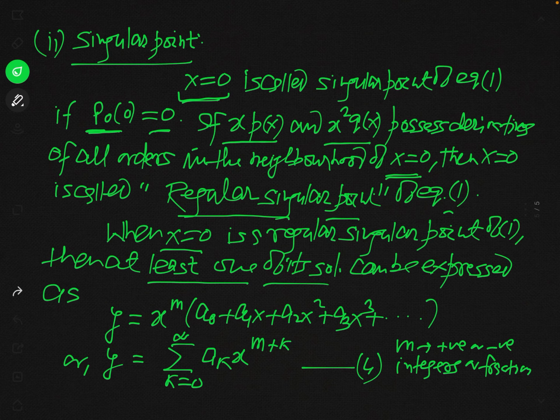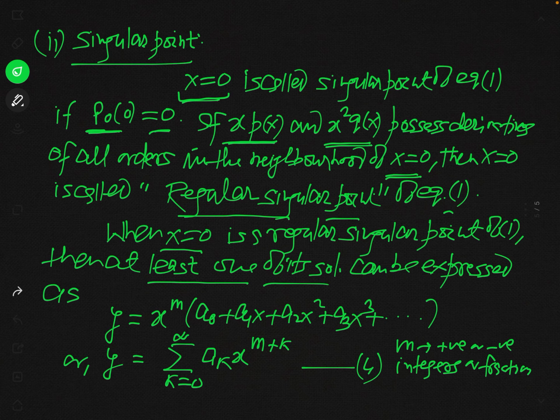Now, if the condition is not like that, it means x equal to 0 is not a regular singular point of this equation 1, but you say that x equal to 0 is an irregular singular point of equation 1. When will it be an irregular singular point?